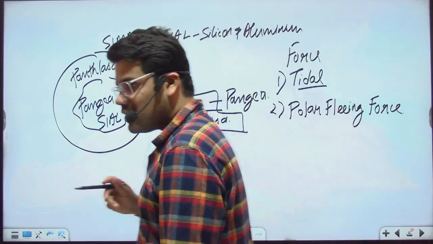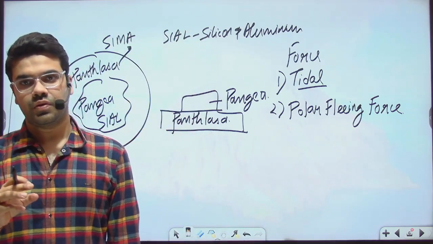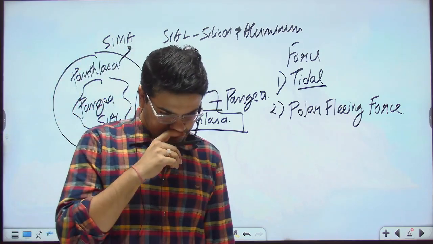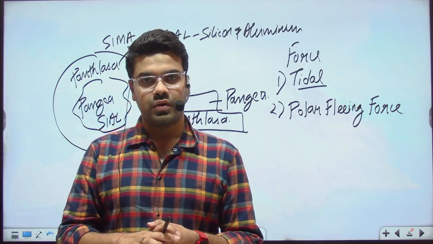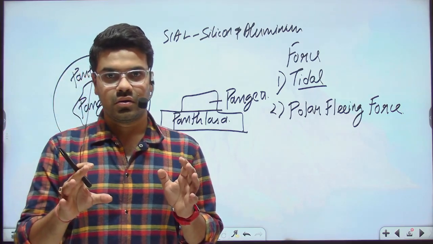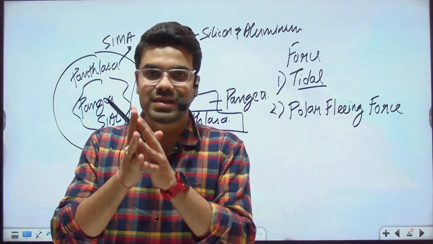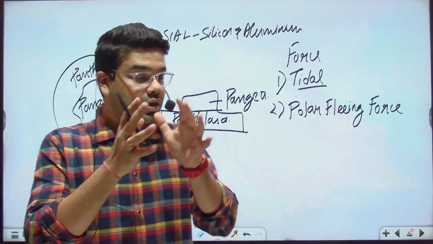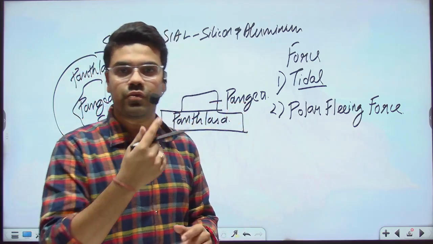It is just because of the rotation of the earth, and it somewhat obeys Newton's third law. As per Newton's third law, which has equal and opposite reaction, the continent tends to move in the opposite direction of the rotation of the earth.